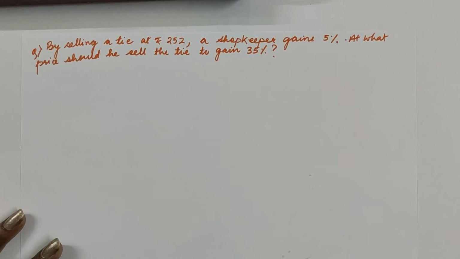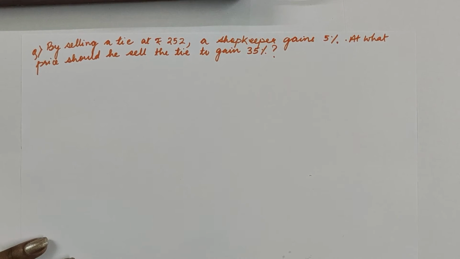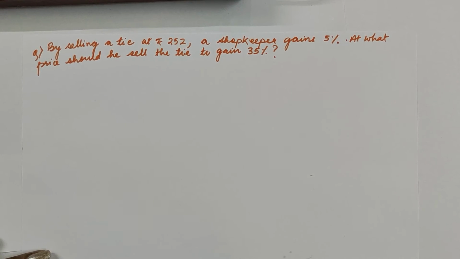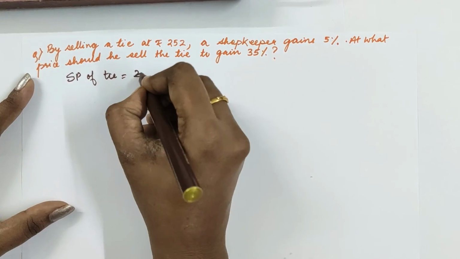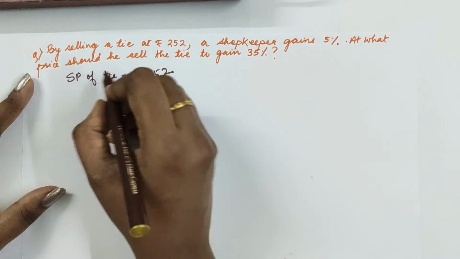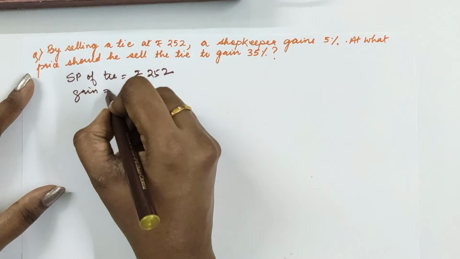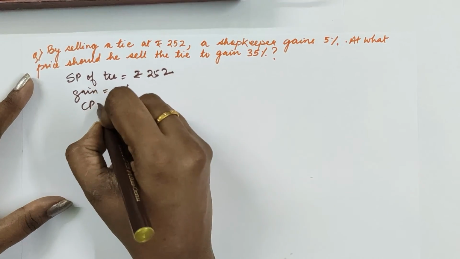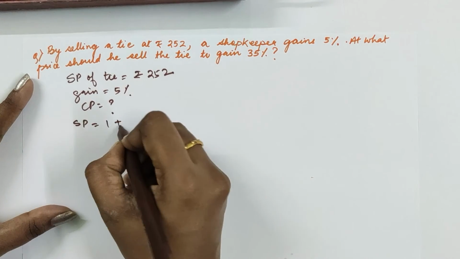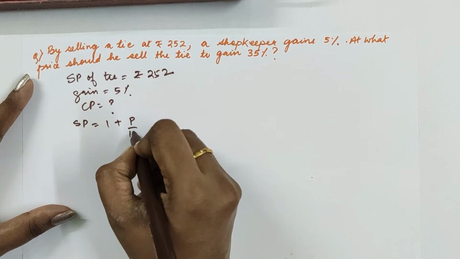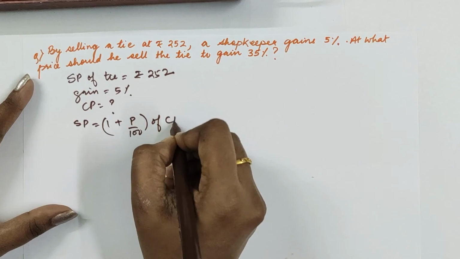By selling a tie at rupees 252, a shopkeeper gains 5%. At what price should he sell the tie to gain 35%? So the selling price given to us is rupees 252, and he has already made a gain of 5%. So what is the CP? You know the formula, SP equal to 1 plus profit by 100 of CP.